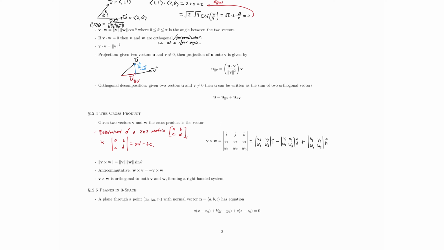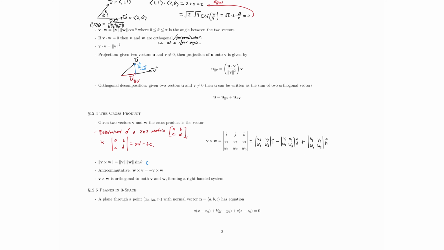Once we have this written down, we can use what we know about calculating 2 by 2 determinants, which we just put right here, and get the full cross product. So another formula for the cross product is that the magnitude of the cross product is length of v, length of w, sine of theta, which is really similar to the formula we had.